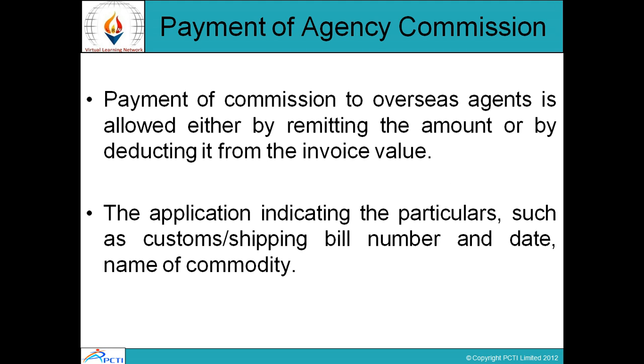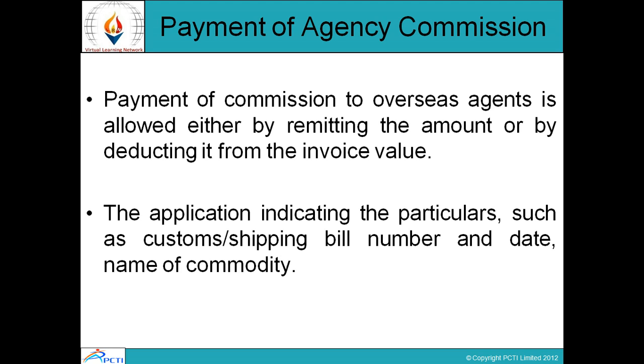So how is the payment of agency commission made as far as India is concerned? Payment of commission to overseas agent is either allowed by remitting the amount or by deducting it from the invoice value. It is one method, right?